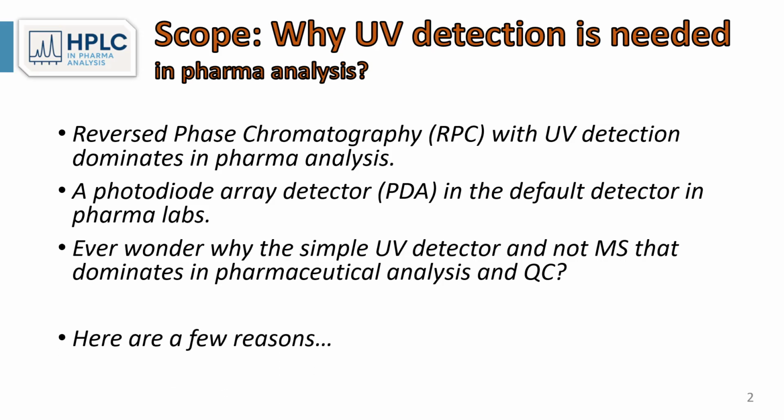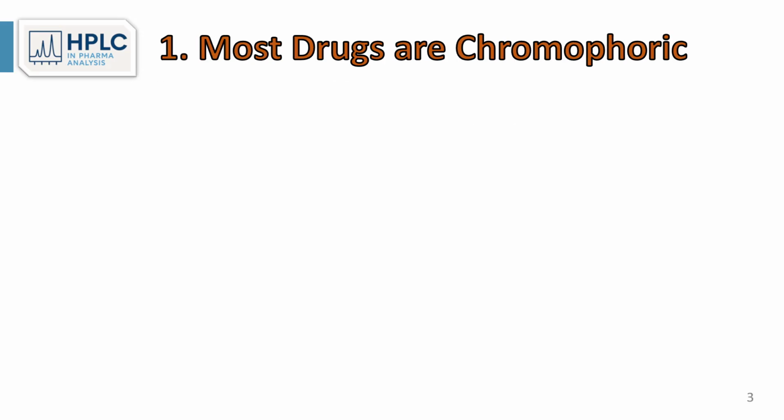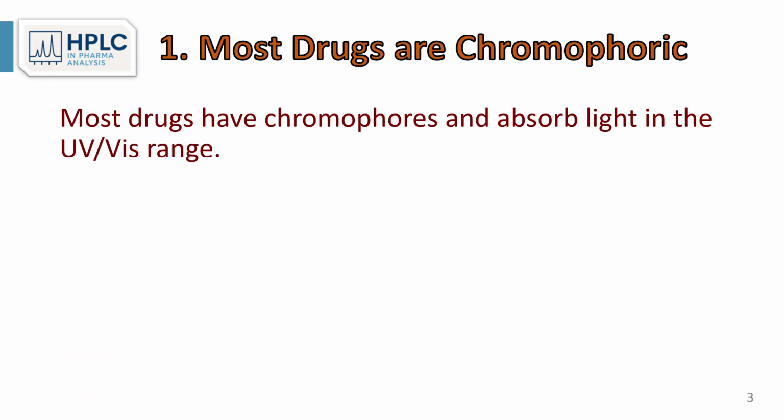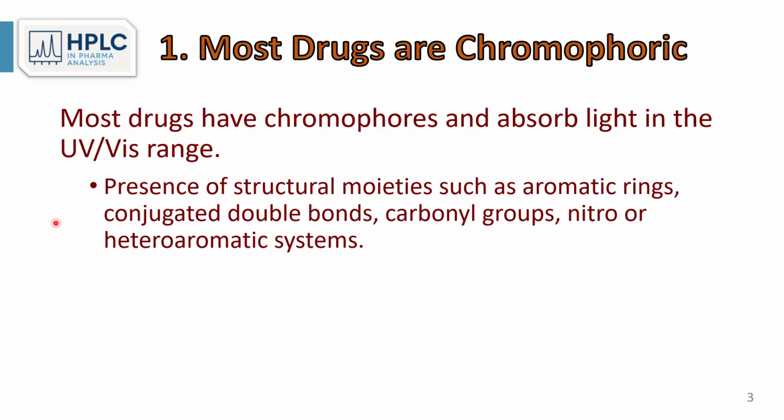Here are a few reasons. First of all, most drugs have chromophores and absorb light in the UV-visible range. This is due to the presence of structural moieties such as aromatic rings, conjugated double bonds, carbonyl groups, nitro or heteroatom systems in the drug molecules.